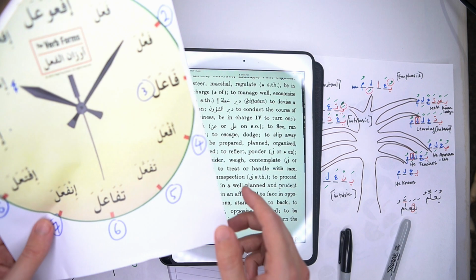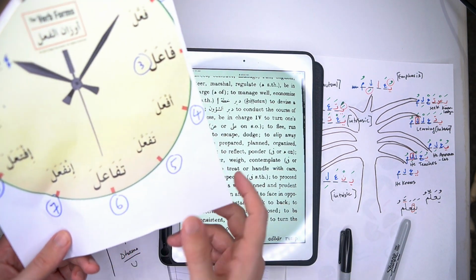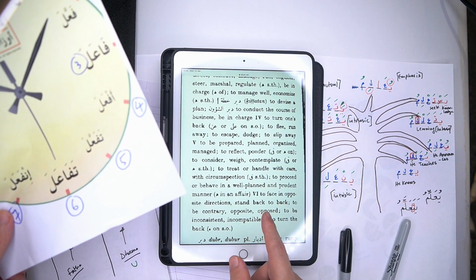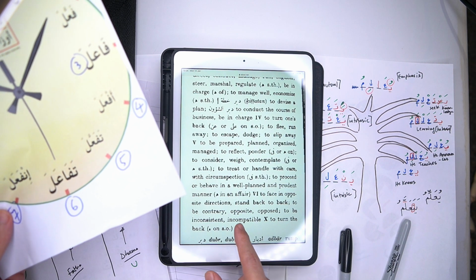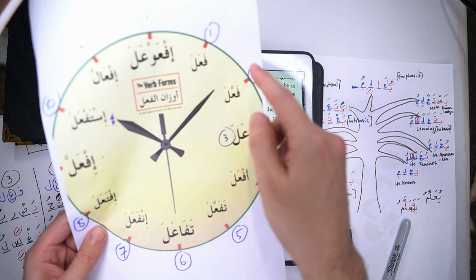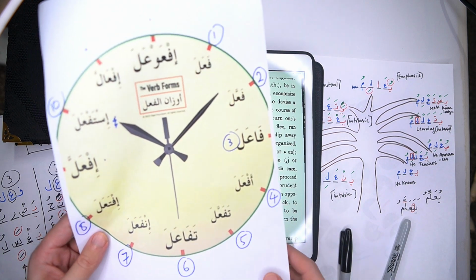So you've got pattern number 5. Pattern number 6 now. Tafa'ala, tadabara, to face in opposite directions, stand back, to be contrary, opposite, opposed, inconsistent, incompatible. So you've got 1, 2, 4, 5, and 6.